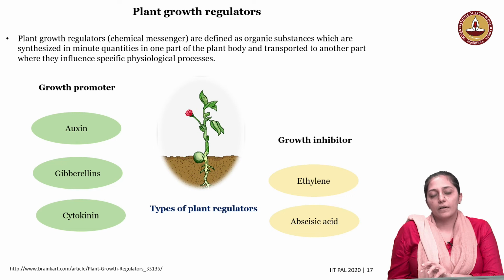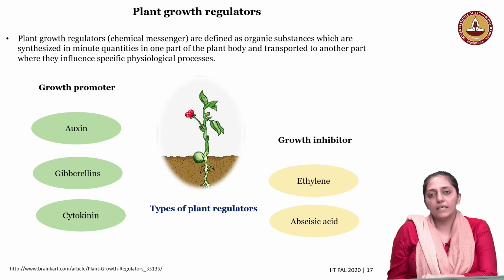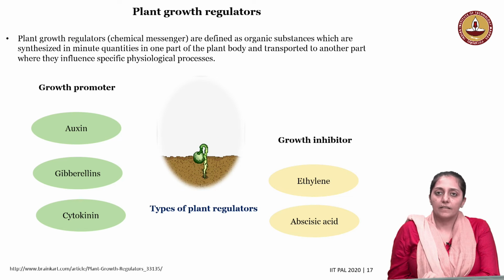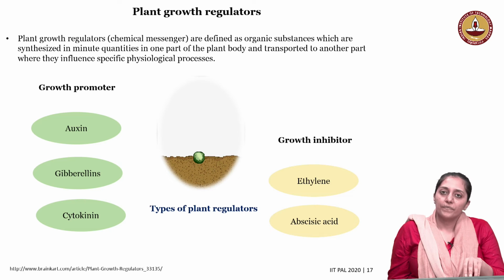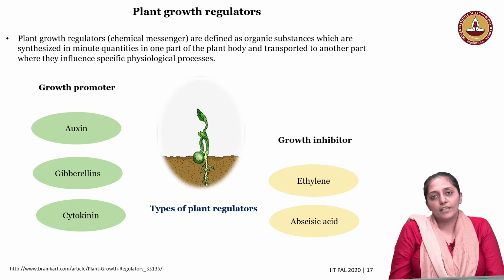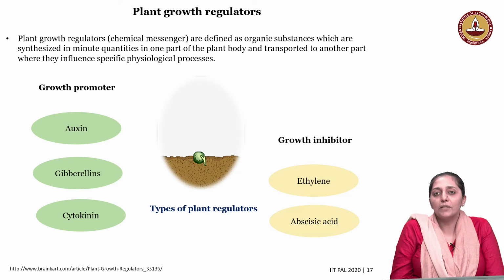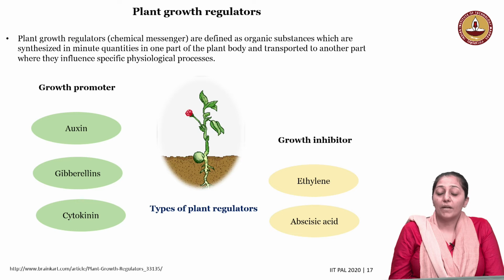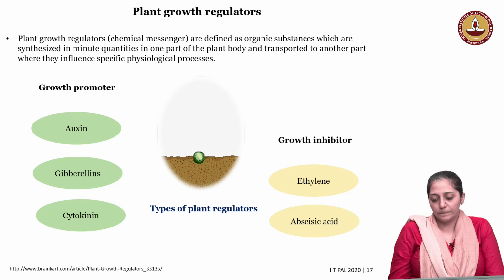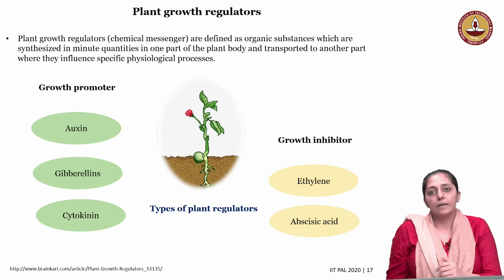Talking about the regulators which are growth inhibitory, these are ethylene and abscisic acid. You must be wondering, why is the plant at all producing something which is inhibitory to its growth? But you will see later as we move on how crucial it is for the plant to regulate its growth as well, and how it helps the plant.